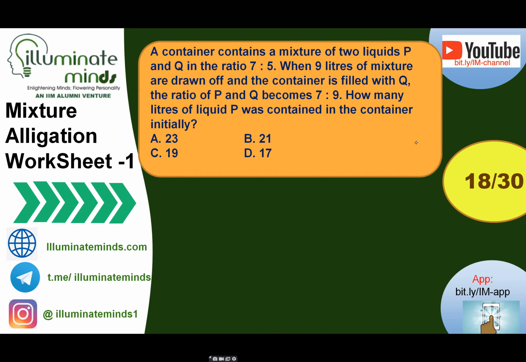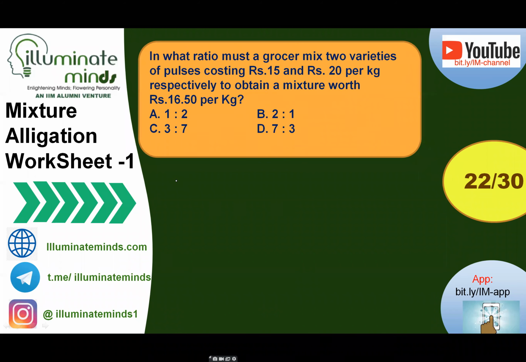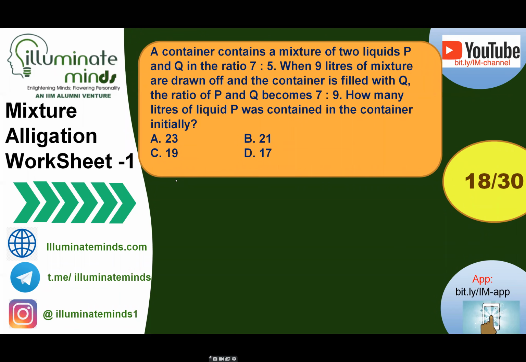So, what does this question say? The container contains a mixture of two liquids, P and Q, in the ratio 7 is to 5. Extremely sorry. So, question number 18. P and Q in the ratio 7 is to 5. Fine.